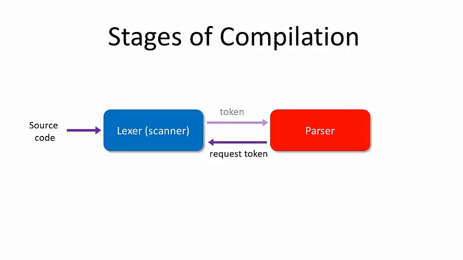The syntax analyzer builds an intermediate representation of the source program known as an abstract syntax tree. An abstract syntax tree is a dynamic data structure that represents the hierarchical nature of the source program. While it's being constructed, the compiler uses it to check that the rules of the programming language have been followed.